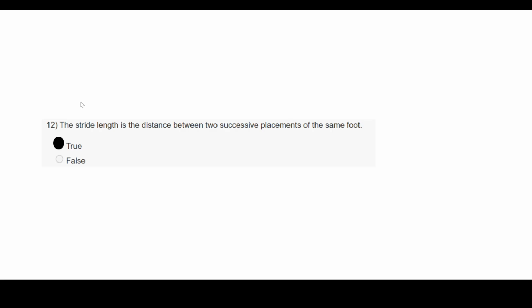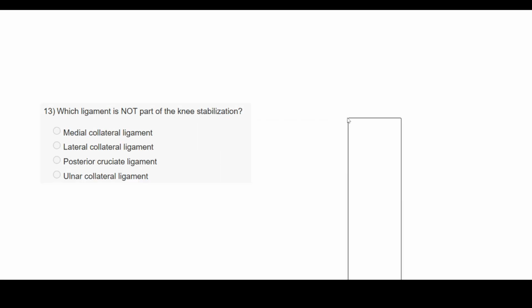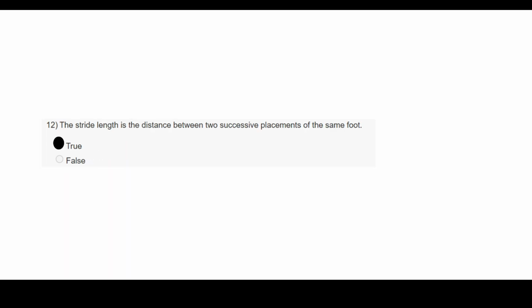The stride length is the distance between two consecutive placements of the same foot. If you were to place your right foot here, left foot here, then again your right foot here, this complete distance will be your stride length.